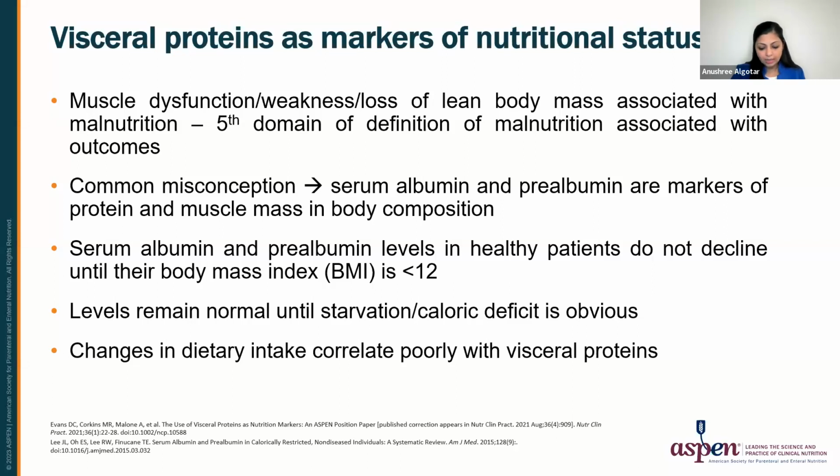Studies have shown that these protein levels in malnourished but otherwise healthy patients do not decline until extreme states of starvation, when their body mass index falls below 12, or if the duration of malnutrition or starvation is prolonged over 6 weeks. Similarly, albumin levels are found to remain normal until the caloric deficit is obvious clinically. Thus, dietary intake correlates very poorly with visceral protein levels.